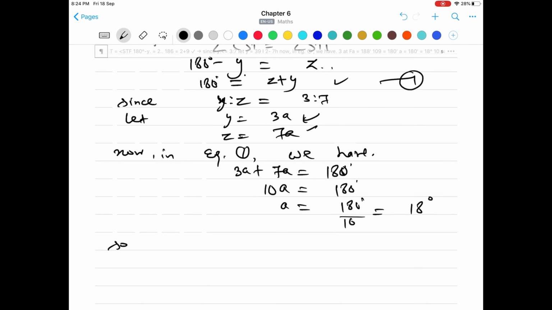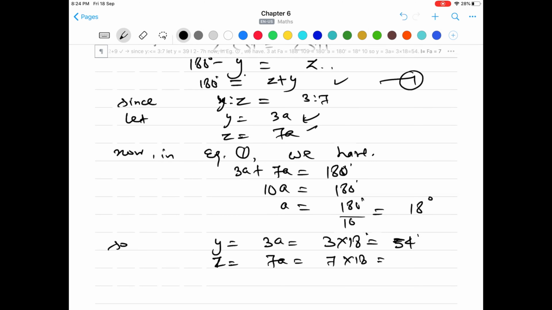So y, which is 3a, will be 3 into 18 degree equals 54 degree, while z is 7a, that means 7 into 18, which equals 126 degree.